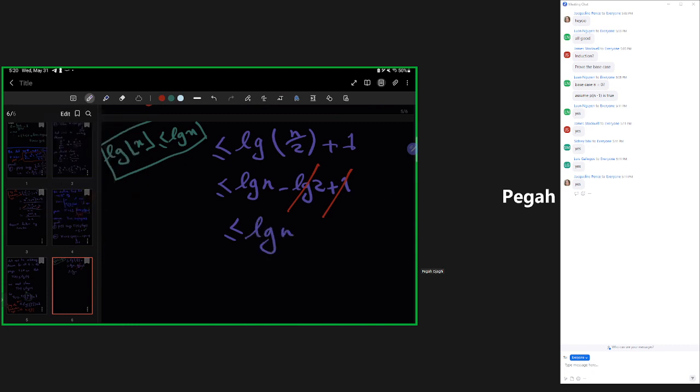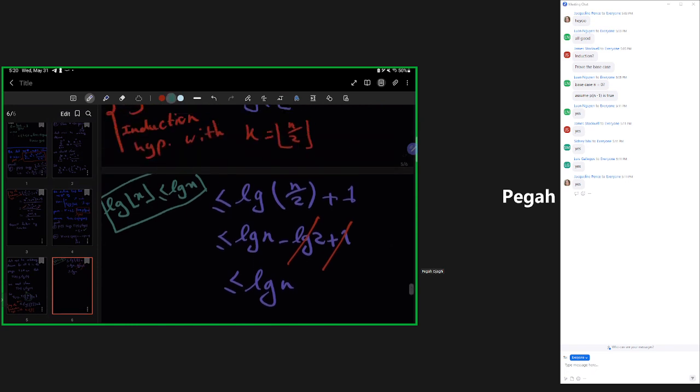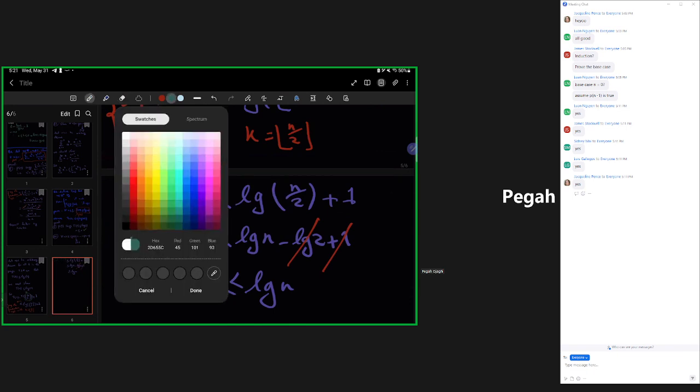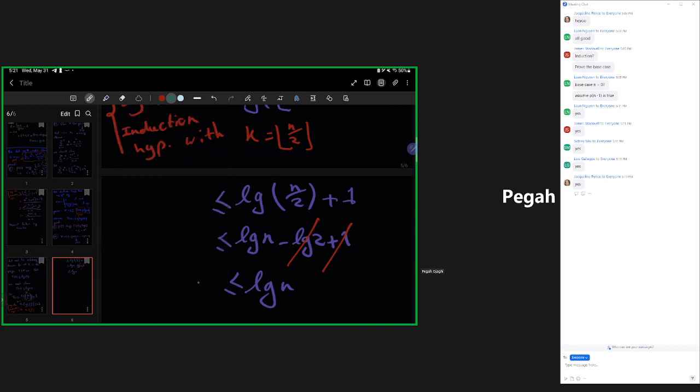This holds. So this is one of the most important things you need to know here. Let me write it here again as a point. Some of these things you need to know in the future. We use this one, and this is log of floor of x is less than log of x. So this is going to hold. I use this one here.